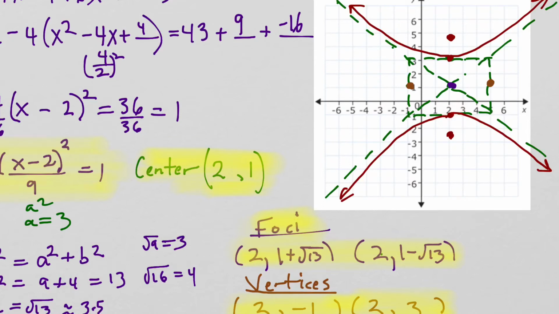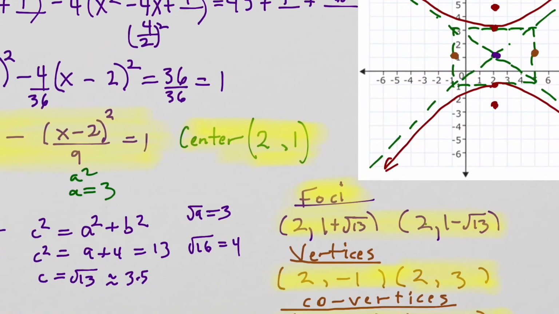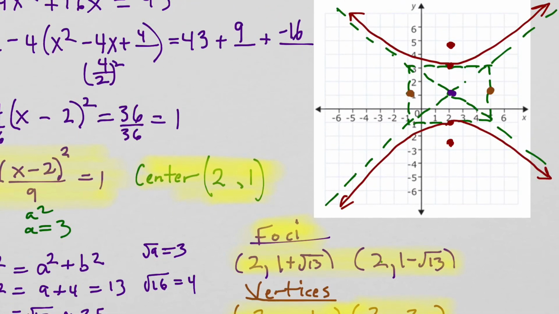The co-vertices are on the sides of the construction box in line with the center. And the foci are always inside the dish in line with the center, a distance of c from the center, in this case c was square root of 13.